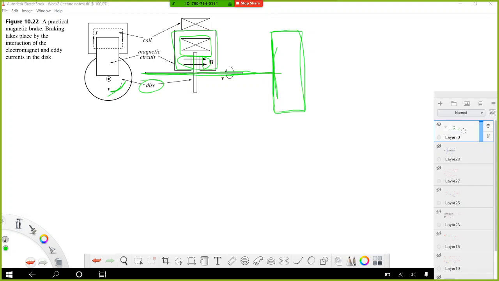Electromagnetic brakes have many advantages.